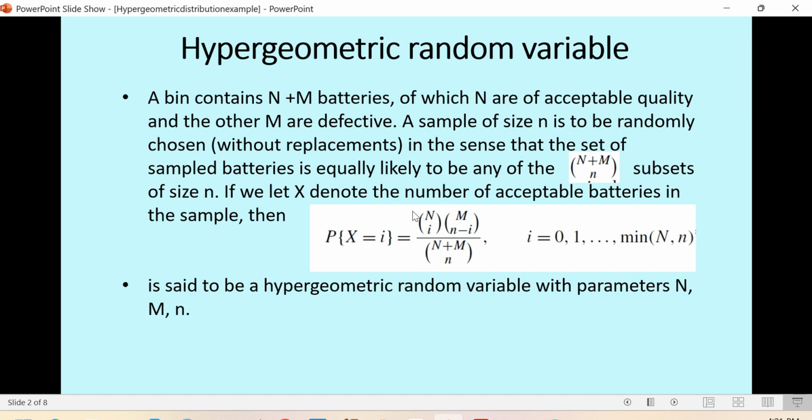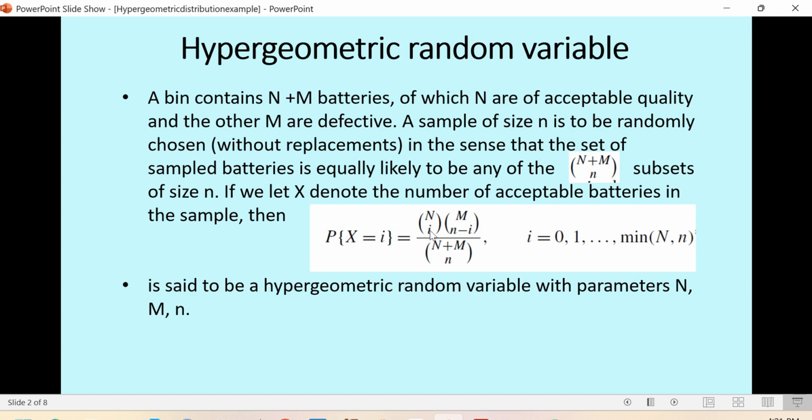And in the numerator there are two parts multiplied, which are also combinations. The first combination is from N select i, so N here is positive or acceptable, select a number i. The next combination is M select n minus i.